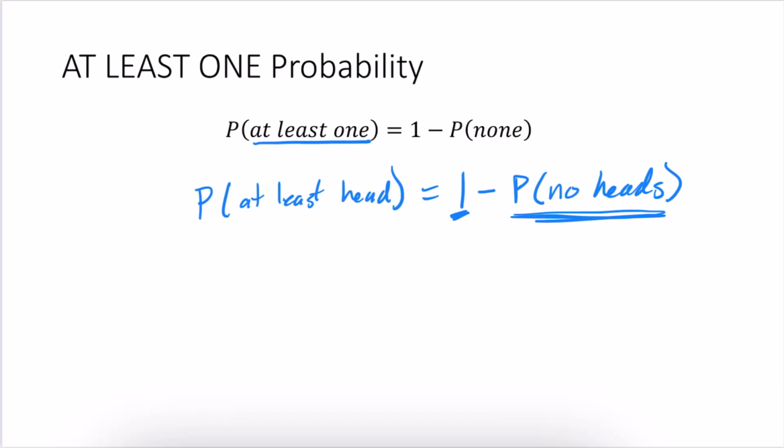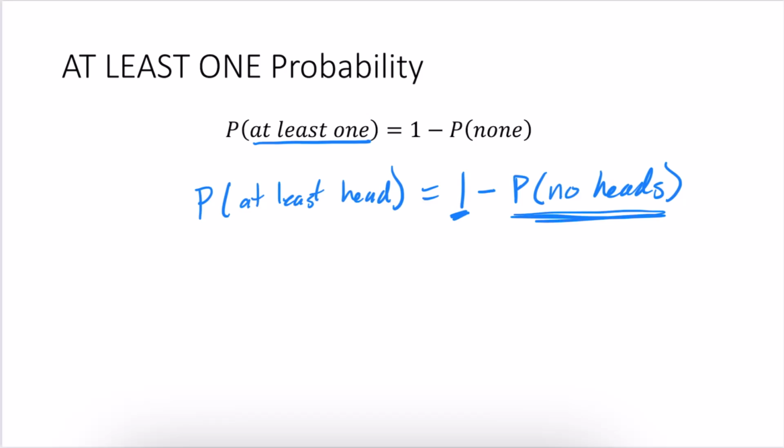So in the counting methods video, we looked at the number of ways you could build a committee so that you had at least one female on the committee, and we figured out the total number of ways you could build the committee, and then we subtracted the number of committees that were all male. And so we basically took all of the options and subtracted the options that were not what we wanted, and that gave us the number of options of what we did want, which was having at least one female on the committee.